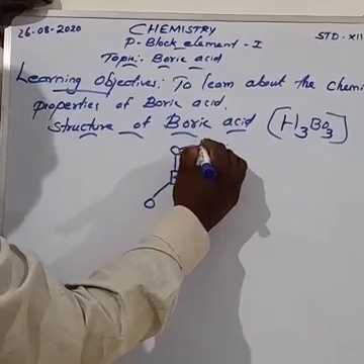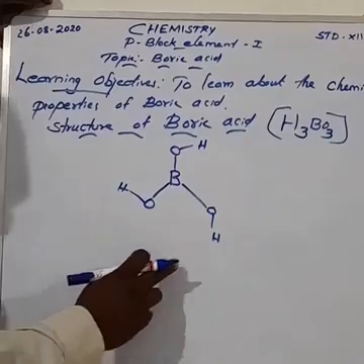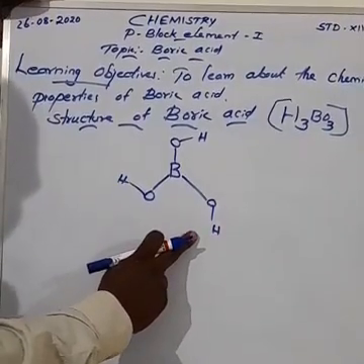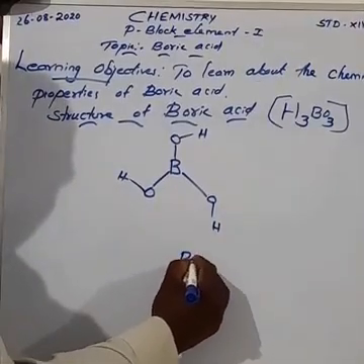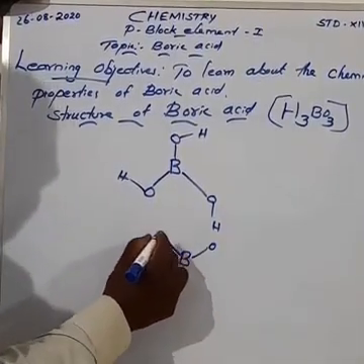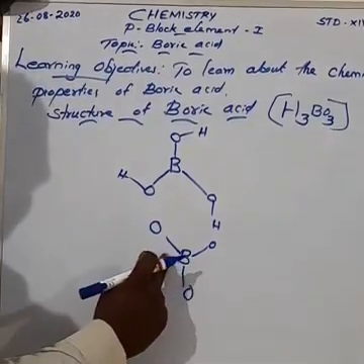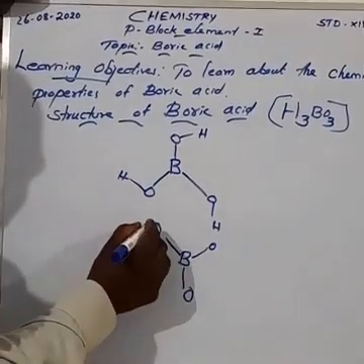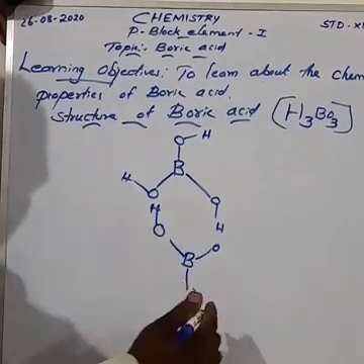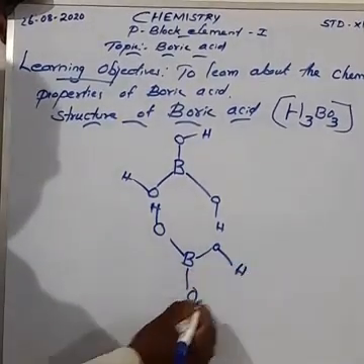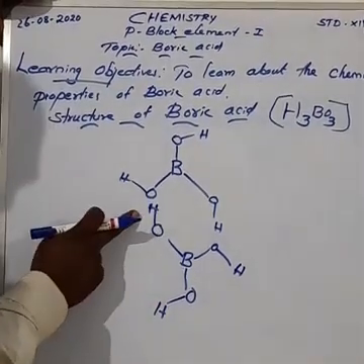Then about the hydrogen. This is for one boric acid. Next boric acid. Boron is the center, 3 oxygen. Then about hydrogen. One hydrogen is over. Next one is next hydrogen. The other one is next hydrogen. Okay, 3 hydrogen is over.